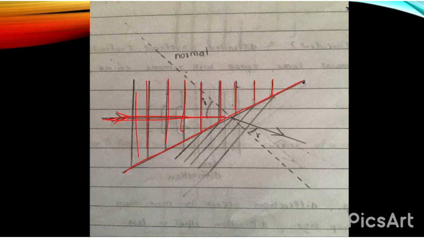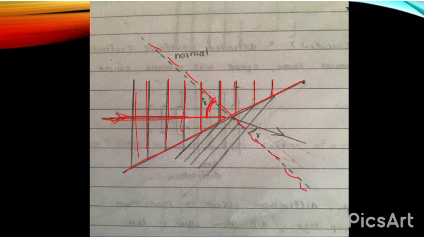After that, you need to complete the diagram. For that, first draw the normal, which will be the dotted line. That will be the main step after drawing the incident ray. After that, you need to draw the refracted ray. Before that, we will mark the angle between the normal and the incident ray, which is the angle of incidence.